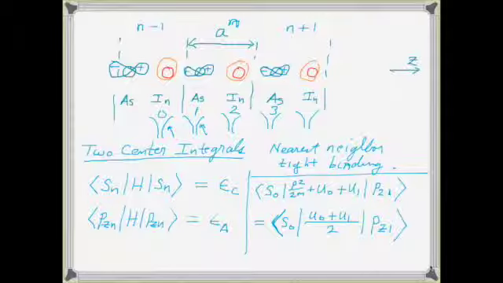And now, without further ado, this is going to equal T, which is greater than 0. So now we're getting an off-diagonal element which is greater than 0.